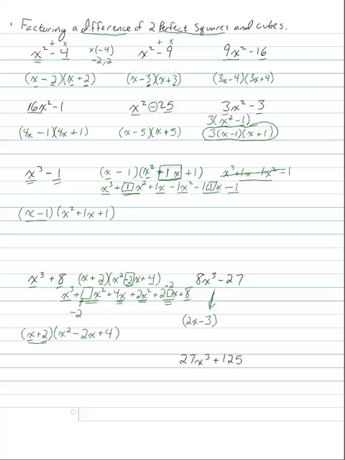Now the second binomial. This one is a little bit trickier, I guess, not much. The first term of the second binomial needs to be what x times gives me that x cubed. If this x is a cube root, then the first part of the parentheses has to be that cube root squared.